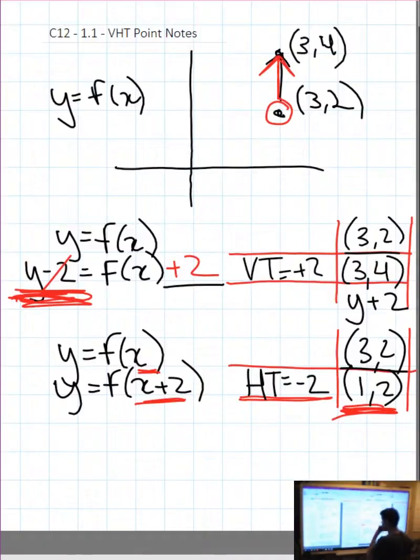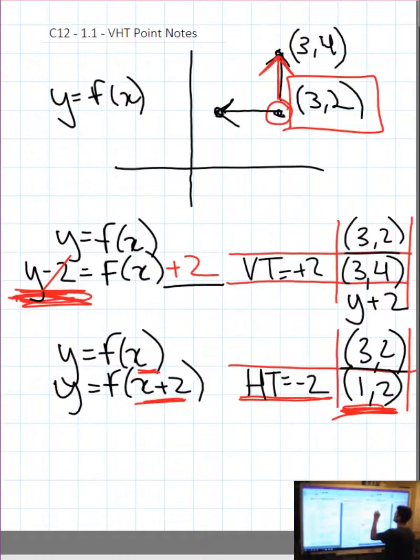So let's see what that would do on the point to the graph. So remember, we started at the point 3, 2, and now we want to do a horizontal translation left 2, which means that we're now at the point 1, 2, as we figured out just a second ago.